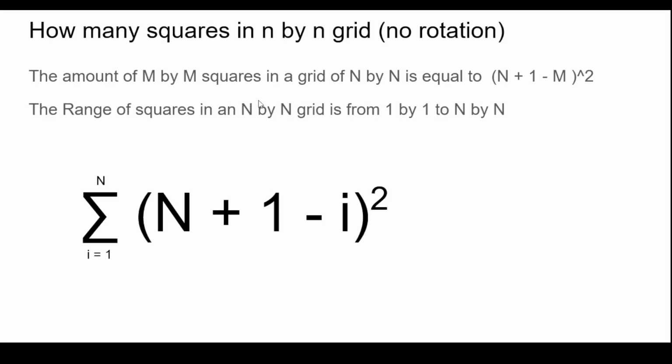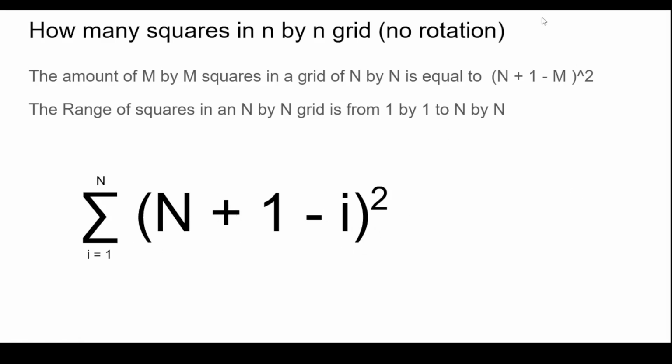So how do we get the entire thing? Well, we know for m equals 1, it's n squared 1 by 1 squares. Let's just put 1 in for m in this equation, and it just equals n squared.